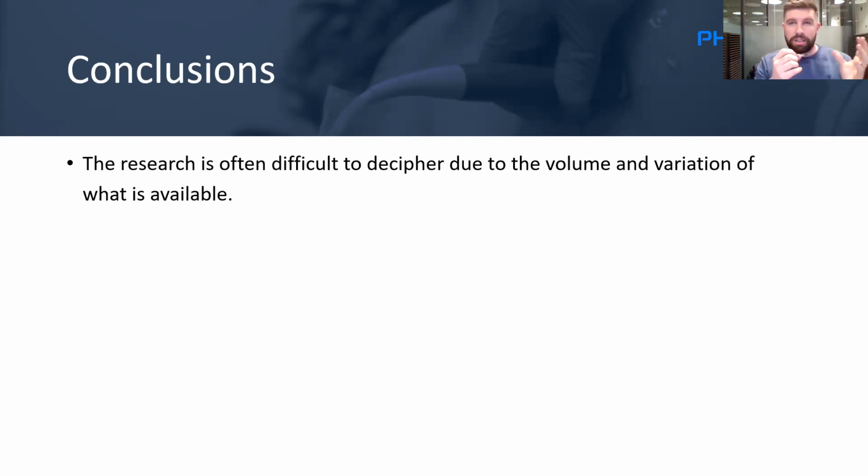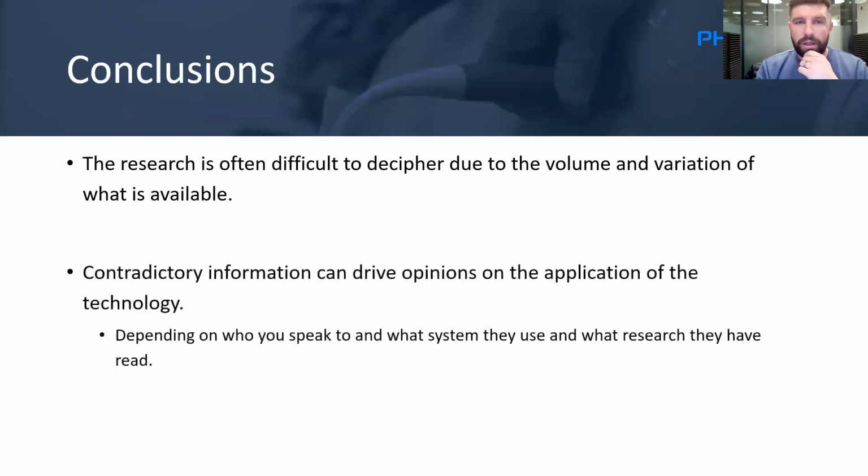I think you've got to start to look for trends, and the more papers you read, the more you start to see some trends. And I think the ones that go against the grain are sometimes more interesting, to find out why that did not work. That gives me a better idea: okay, that parameter didn't work, so I might not look at that. But some of the information you can get can be quite contradictory, and that can drive people's opinions on the application of the technology in certain areas.